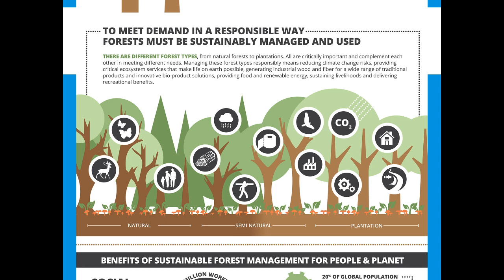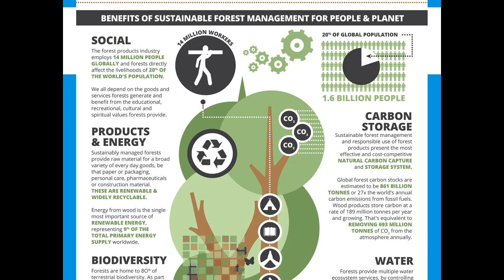So you can see here all of the different possible uses of a forest and how we can do it in a way that is sustainable, where we have natural versus semi-natural and all the way to plantation. Now, some of the benefits can range from social benefits, where we cause a mass amount of employment. We also depend on those goods.